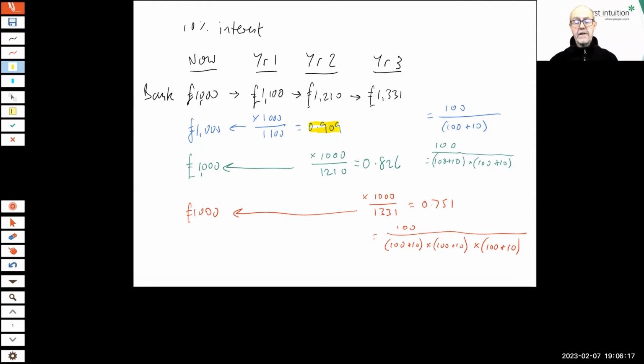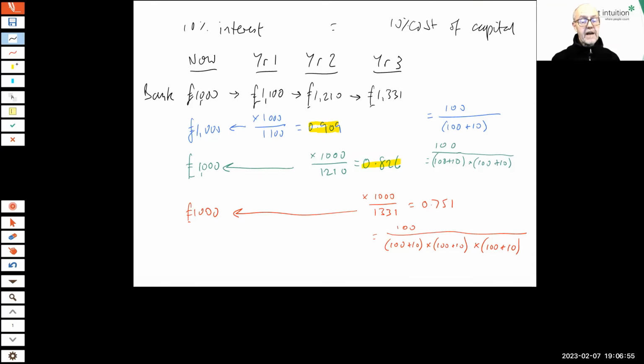If we divide 1,210 by 1,210 and multiply by 1,000, that will take us back to £1,000 once again. If we convert 1,000 over 1,210 to a decimal, what do you know? We get 0.826, which again, if you've done practice exercises using a 10% cost of capital, which is the other side of the 10% interest coin. 10% interest payable equates to 10% cost of capital if it's chargeable.